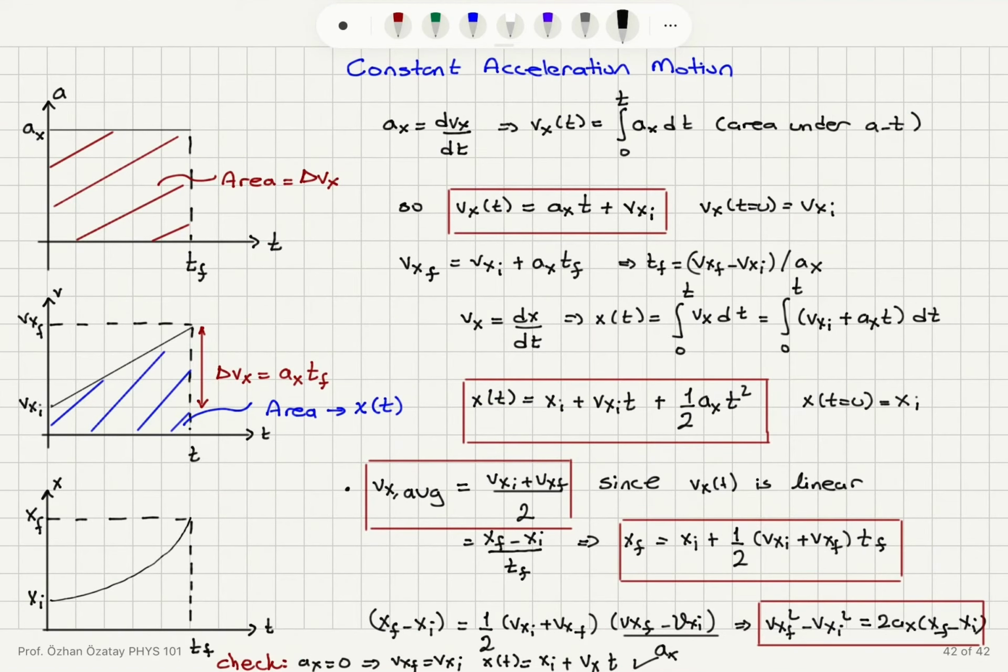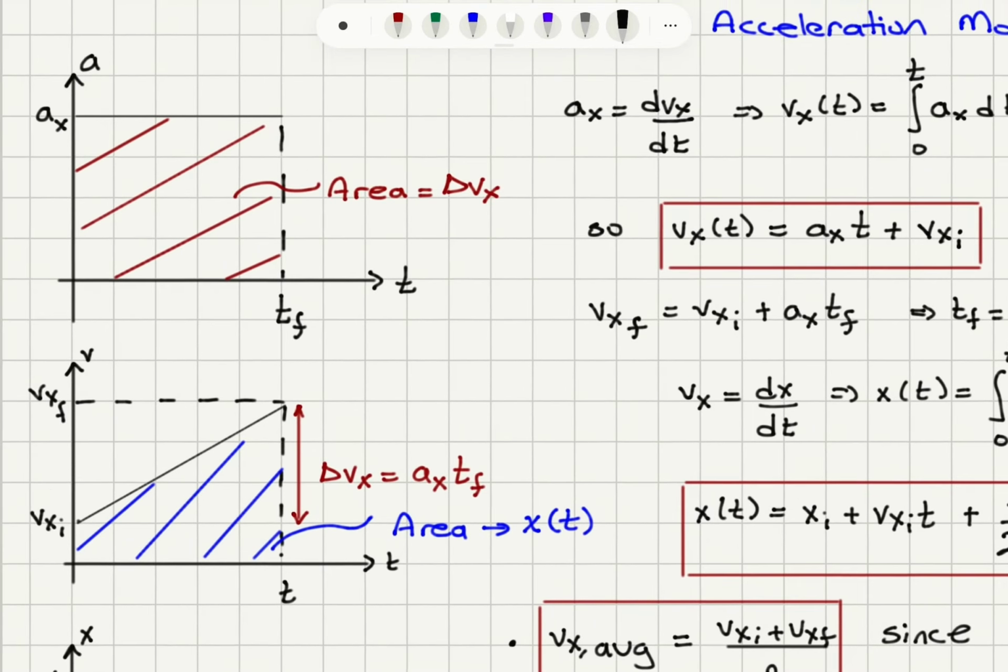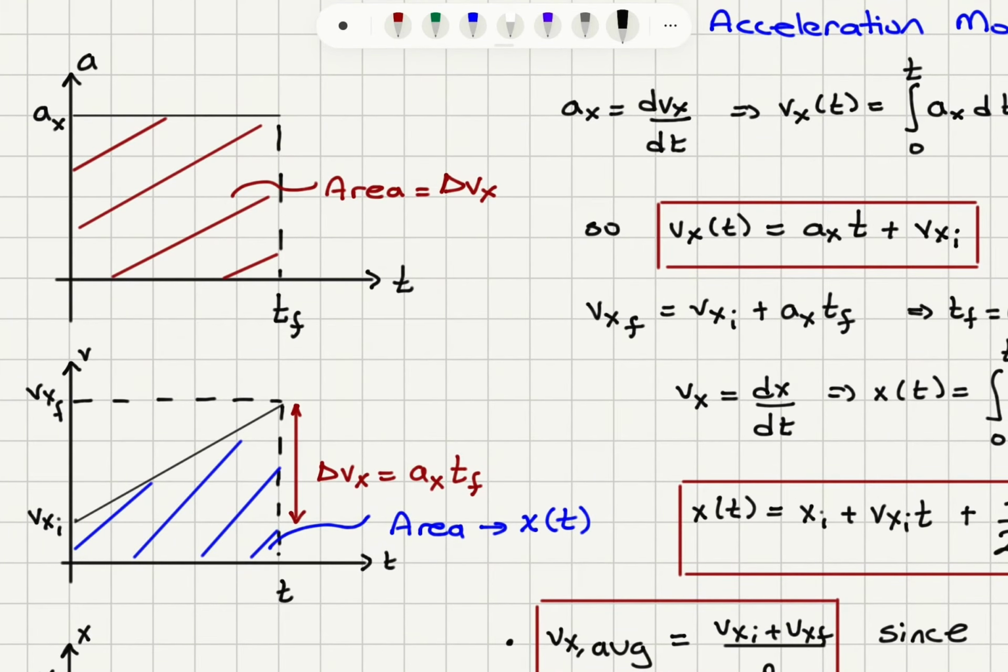Now, another special case is the constant acceleration motion. You can see here, acceleration does not change with time. So since acceleration is dv dt, and with a constant acceleration, this will give us the area under the acceleration versus time plot, which is the change in the velocity, delta Vx.